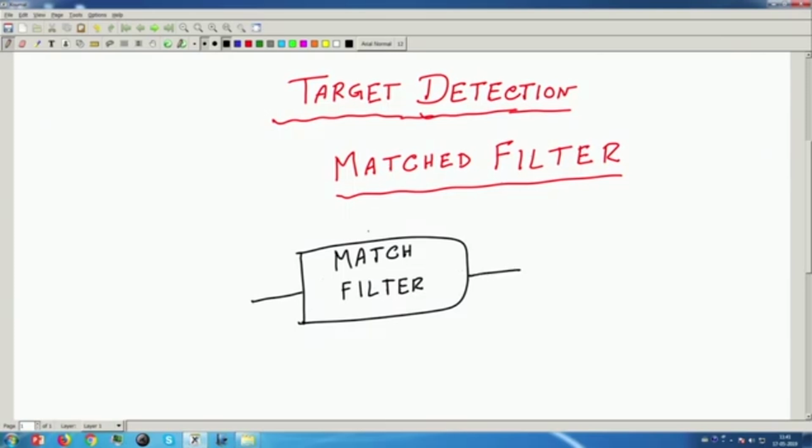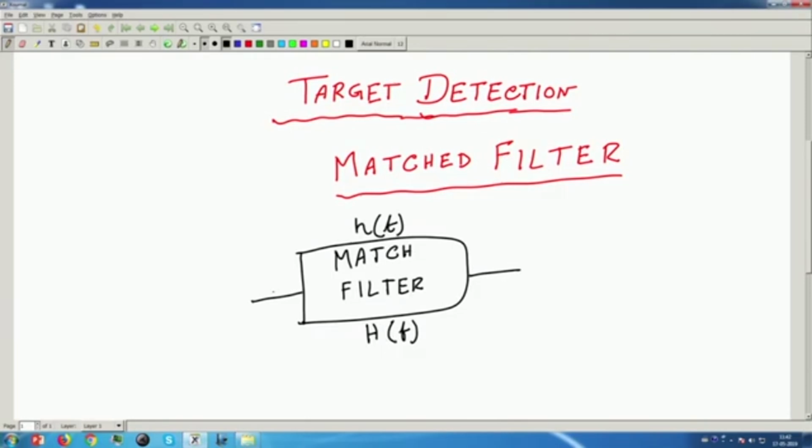For LTI systems, we can characterize it in the time domain, where it is called its impulse response h(t). In the frequency domain, if we do the same thing, it is the transfer function H(f). So, let us say our matched filter is characterized in the time domain by h(t) or in the frequency domain by H(f). We will find out what the value of this h(t) or H(f) is.